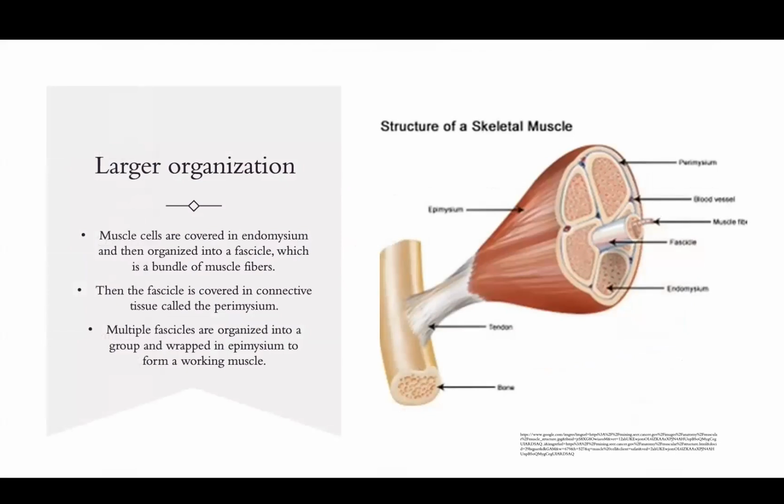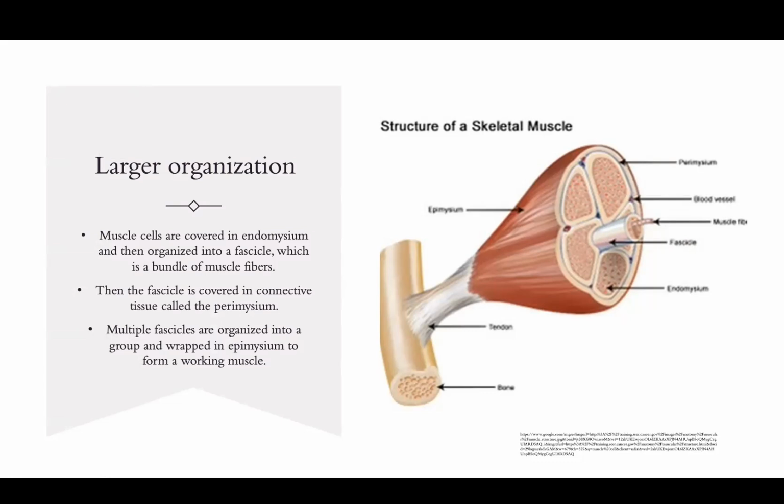So we've gone over a muscle fiber, but muscle fibers are organized into a fascicle and then covered in endomysium. The endomysium is a layer of fascia around multiple muscle fibers. Then the fascicle is covered in a connective tissue called the perimysium.